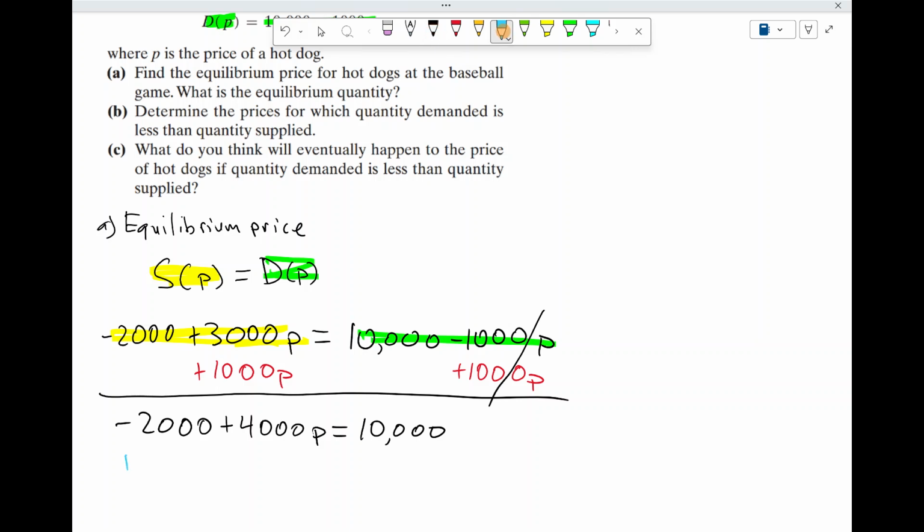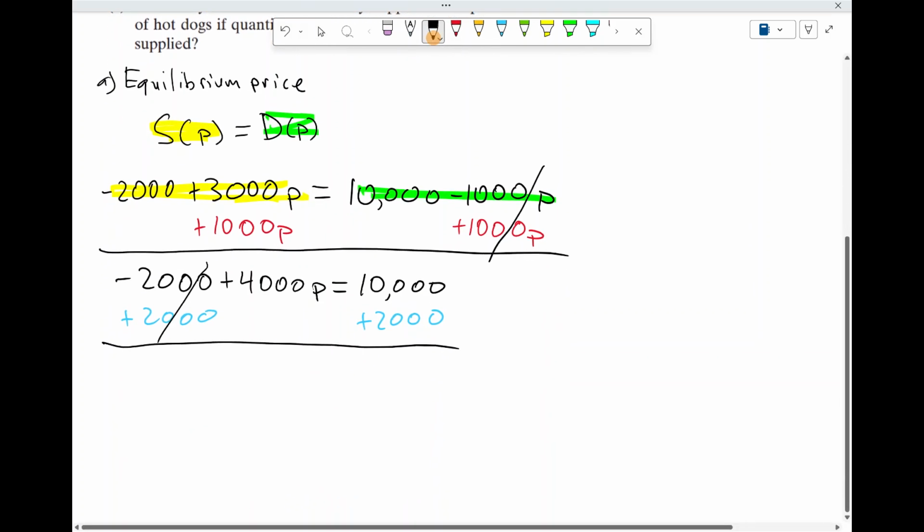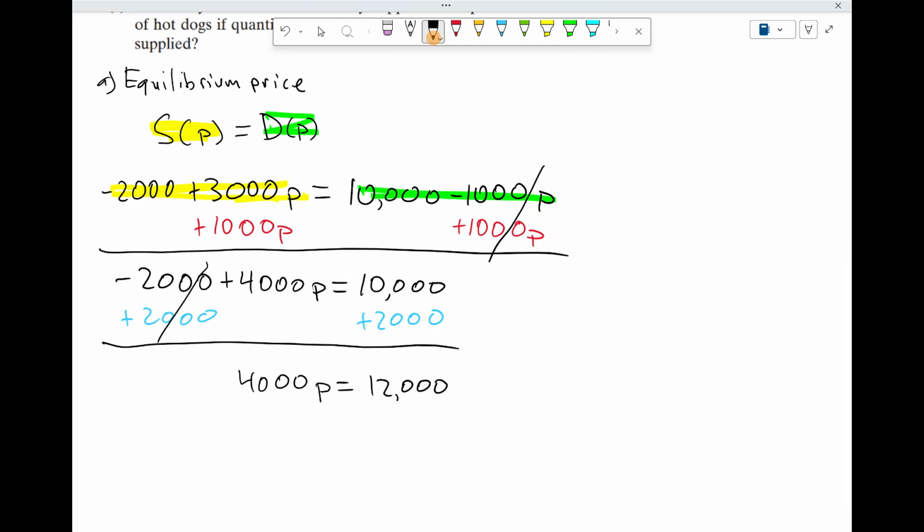Next, I'm going to get rid of that negative 2,000 by adding 2,000 to both sides. And this will send all the number terms to the right-hand side of my equal sign. This cancels out. And then finally, we will divide both sides by 4,000.